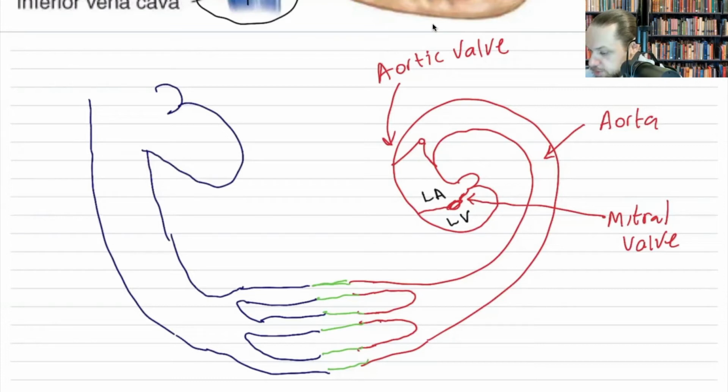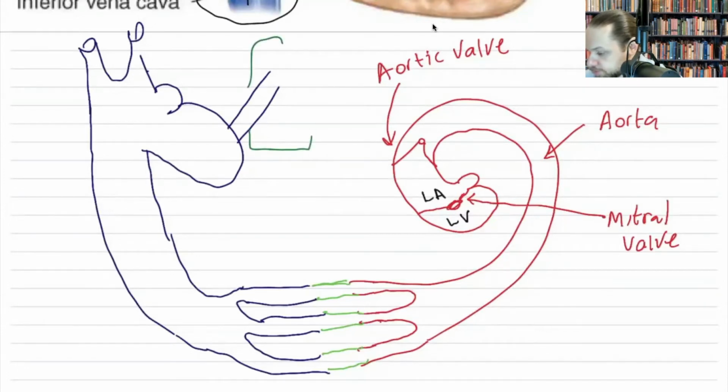And then the blood is going to go through here. I'm going to draw some lungs. So we have two lungs.